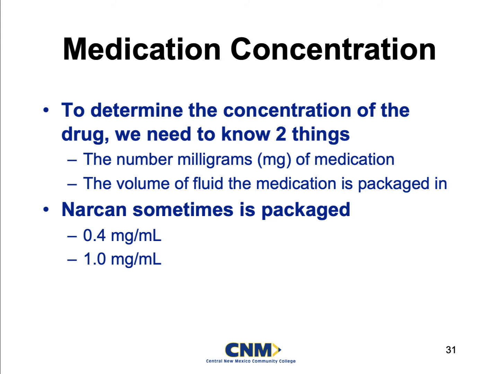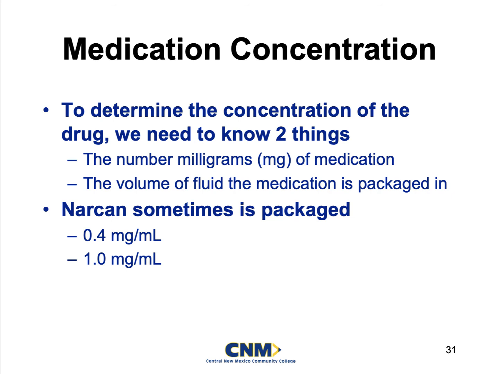When we're talking about the concentration of the drug, we want to know two different things about the actual medication. What we need to know is either right on the ampule, the vial, or the pre-filled syringe, whatever you are using. We want to know the number of milligrams of medication in that vial.